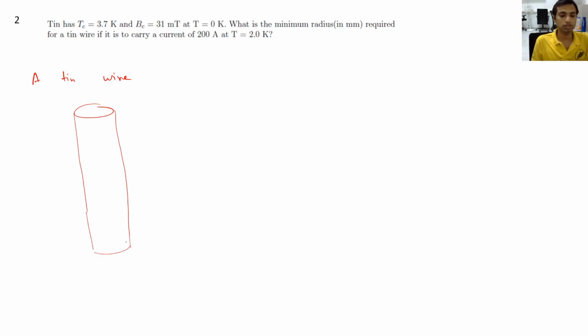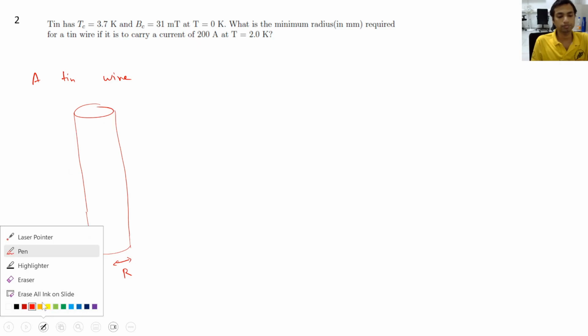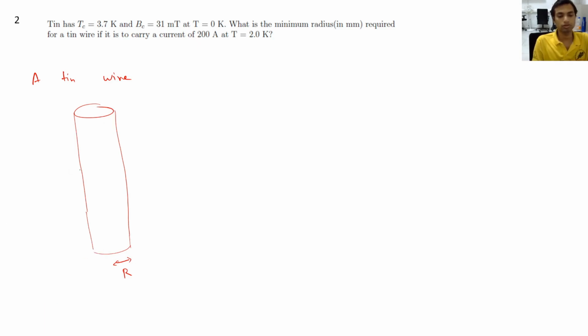It has a certain radius r. The magnetic field just outside it is, inside there would be no field because it is a superconductor, B is equal to mu naught I over 2 pi r.